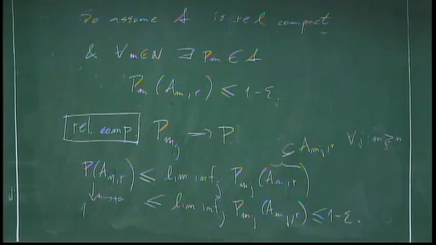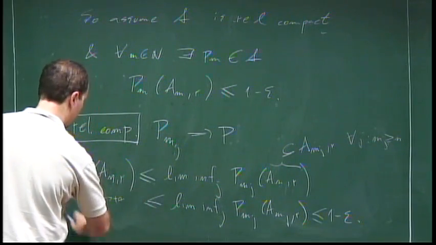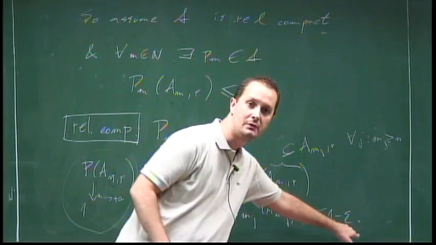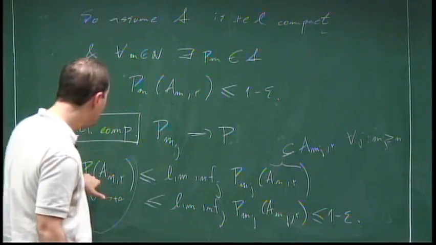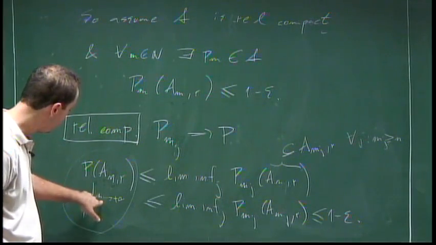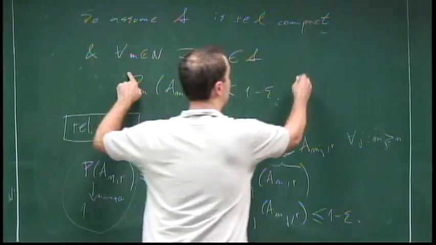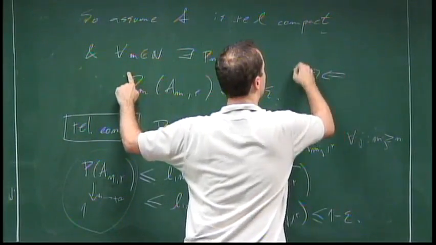Okay, now it's good. Now it's really simple. I don't know why I didn't know this proof before. So we get a contradiction because these measures are uniformly bounded by 1 minus epsilon. On the other hand, we know that these measures converge to 1 when n goes to infinity. Therefore, these are contradictory assumptions.